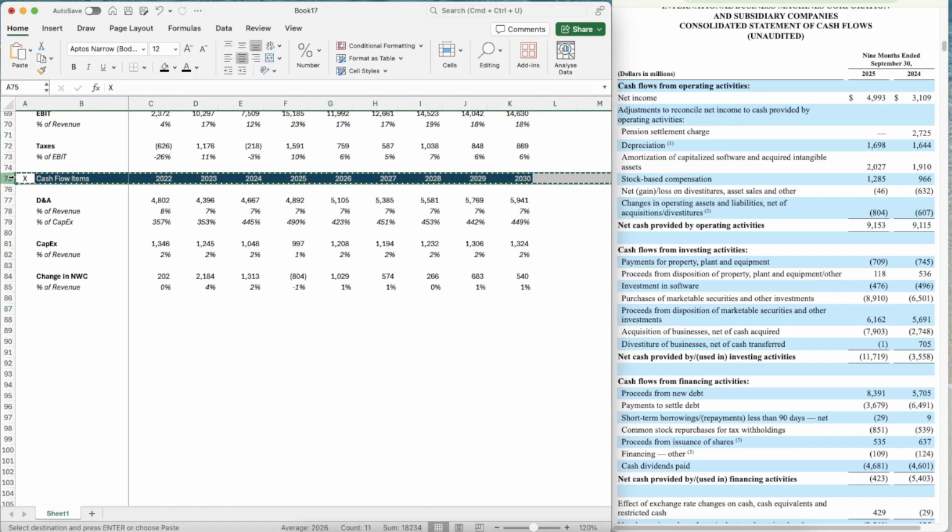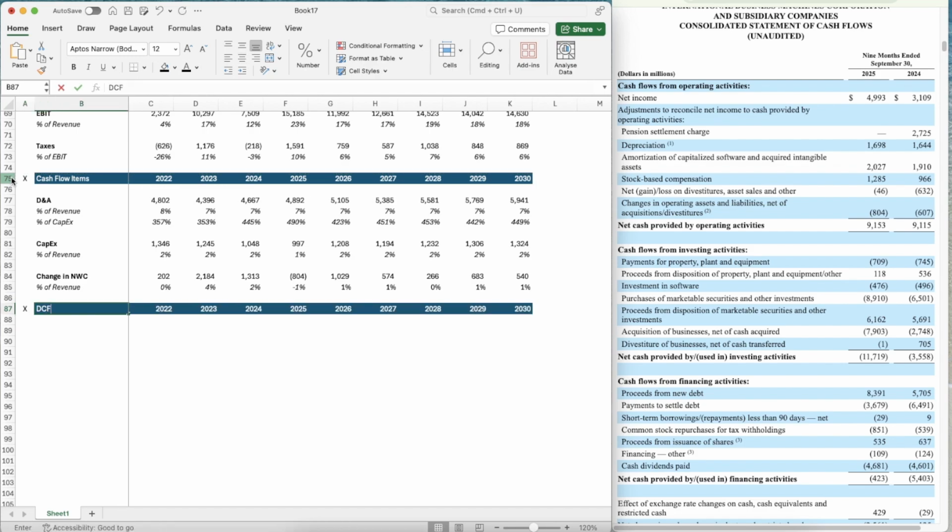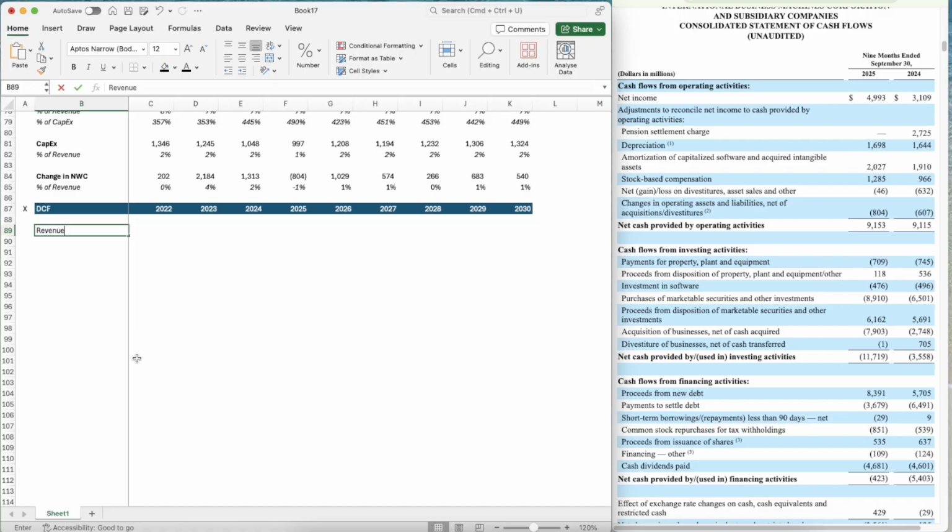Okay, those are the cash flow items. Let's move on to the actual DCF now. I know this is a lot of repetition, but there's a reason for it. All the way it's dynamically linked, etc.